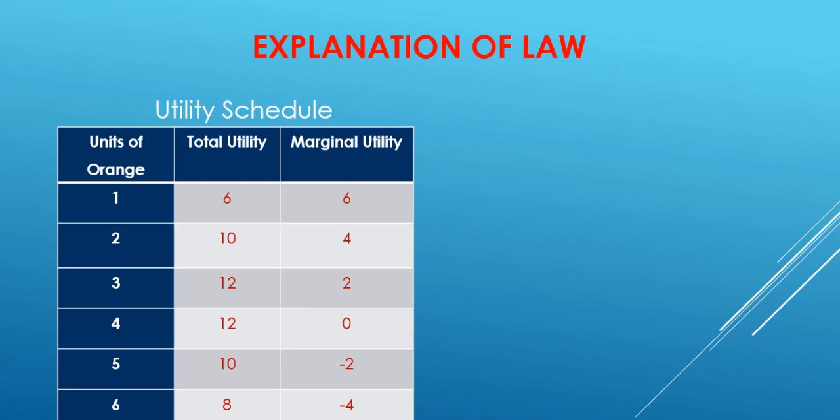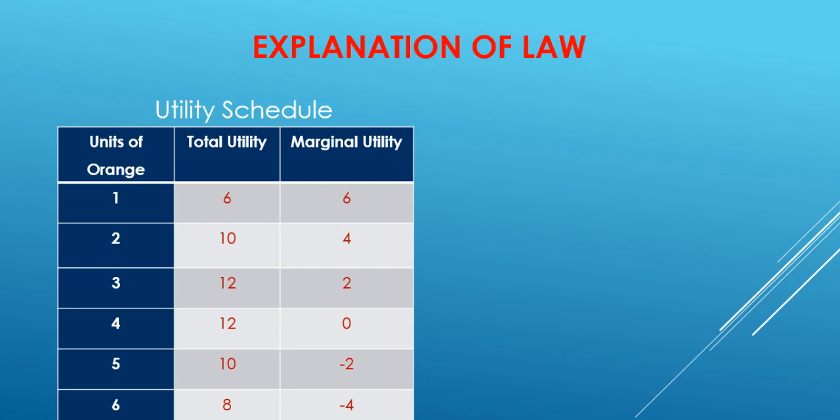At this level, marginal utility is 6 units and total utility is also 6 units. When he consumes the second orange, satisfaction derived from the second unit is 4 units and utility derived from both units taken together is 10 units.